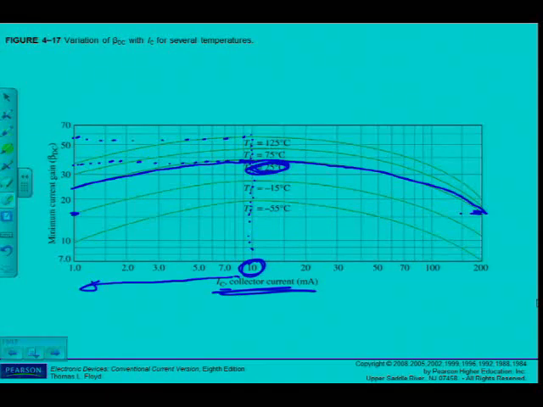Now we've seen that beta DC is actually a ratio between collector current and base current. I have this parameter for each transistor, and the manufacturer will measure this. Remember, we talked about hybrid parameters. The H parameter is actually called HFE.